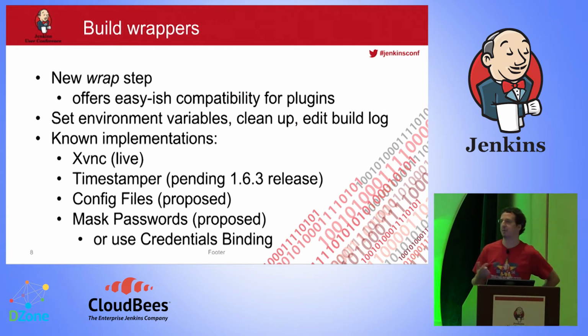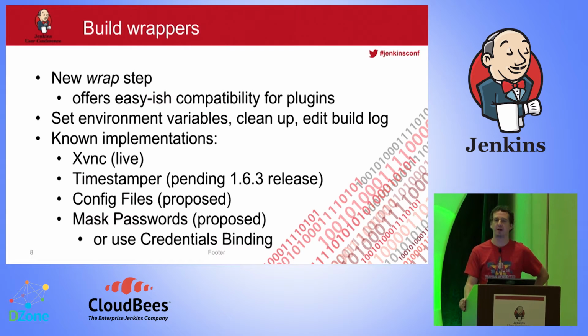The credentials binding plugin is available for that. It lets you take any kind of secret that you can store on Jenkins and use it directly from a workflow. So you can keep your build script clean of anything secret, but it can just refer to secrets that you persist on Jenkins.